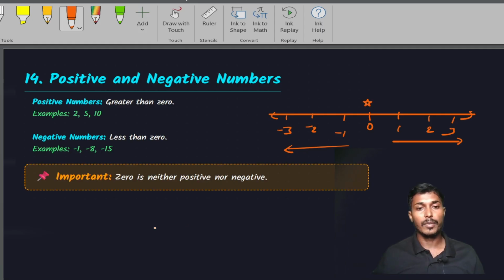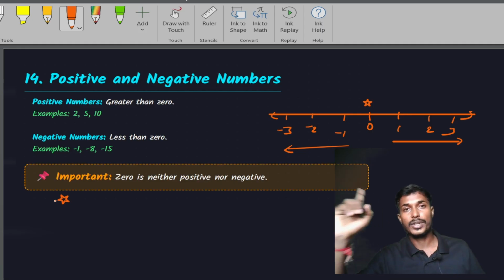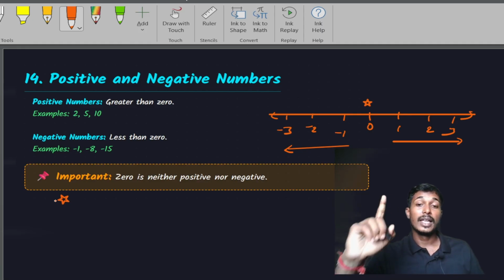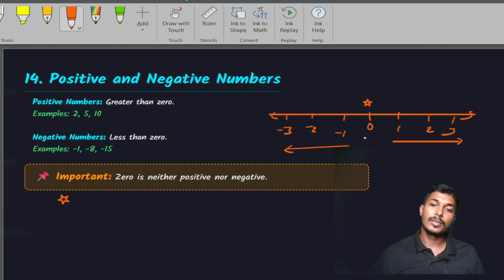And for your kind information, it has been written in bold that 0 is neither a positive number nor a negative number. That's why numbers other than 0 are termed non-zero numbers.